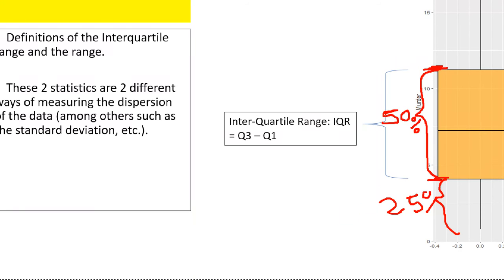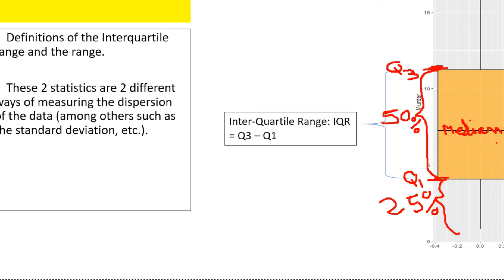Okay, no problem. So this is Q1, of course. This is the median, or Q2. We can call that Q2, but we usually call it the median. And then Q3.